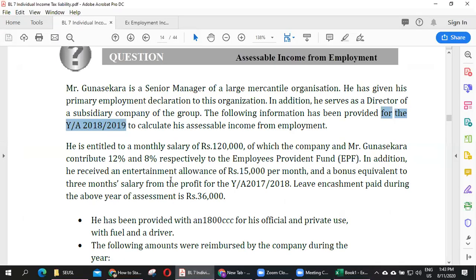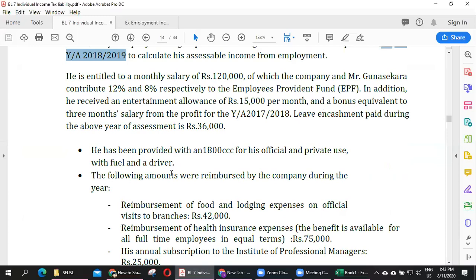Here, he is entitled to a monthly salary of 120,000, of which the company and Mr. Gunasekara contribute 12% and 8% respectively to the employee provident fund. Now, how much is the monthly salary?